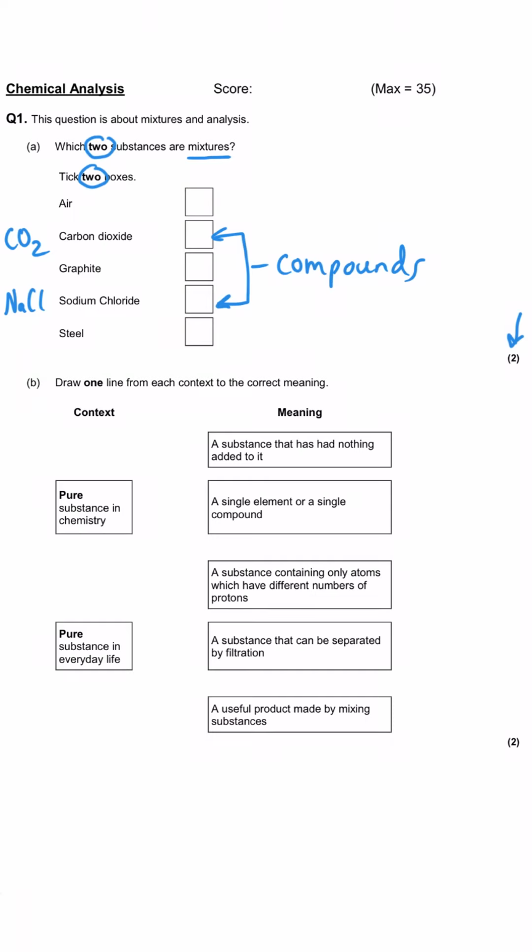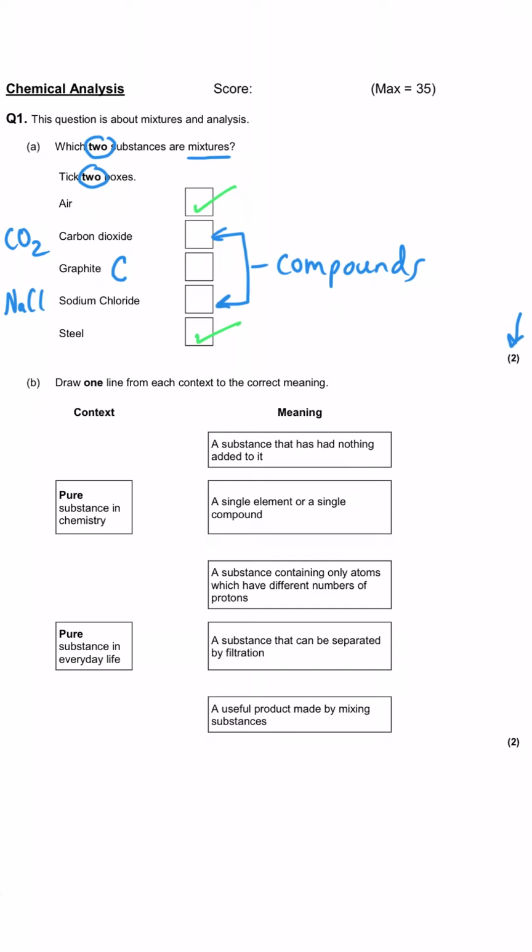And speaking of elements, graphite is made of the element carbon, and so that is not a mixture, which means that our two mixtures must be air, which is nitrogen and oxygen mostly, and steel, which is iron and a number of different substances that get added to make stainless steel or high carbon steel. So carbon is obviously something that gets added to steel quite typically.